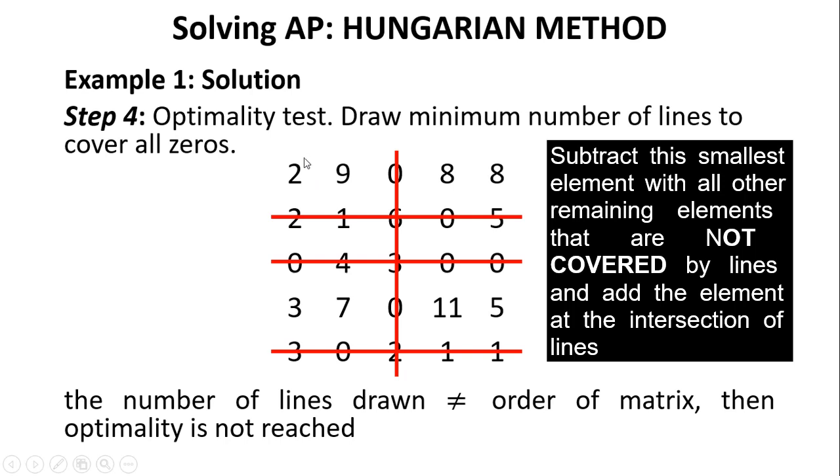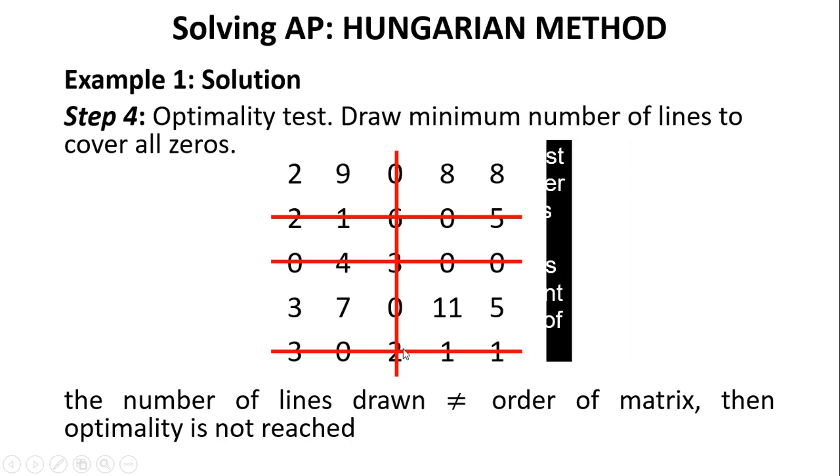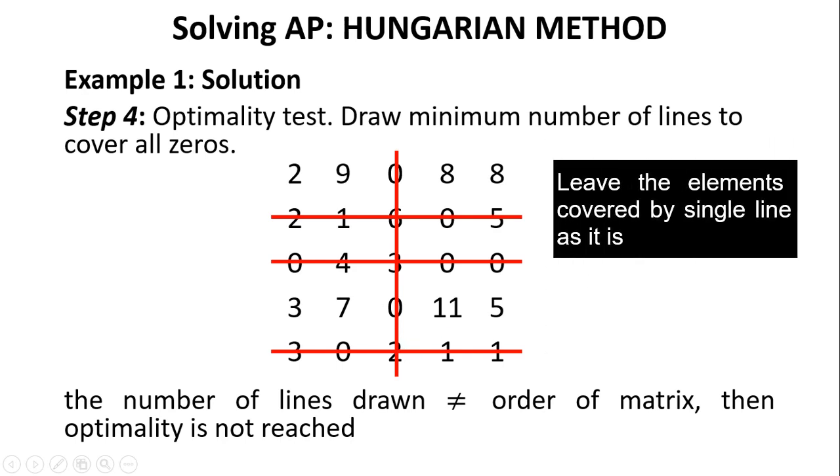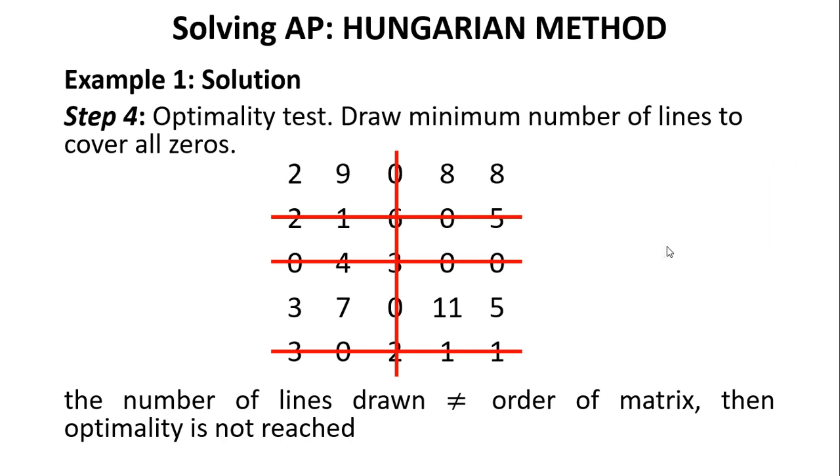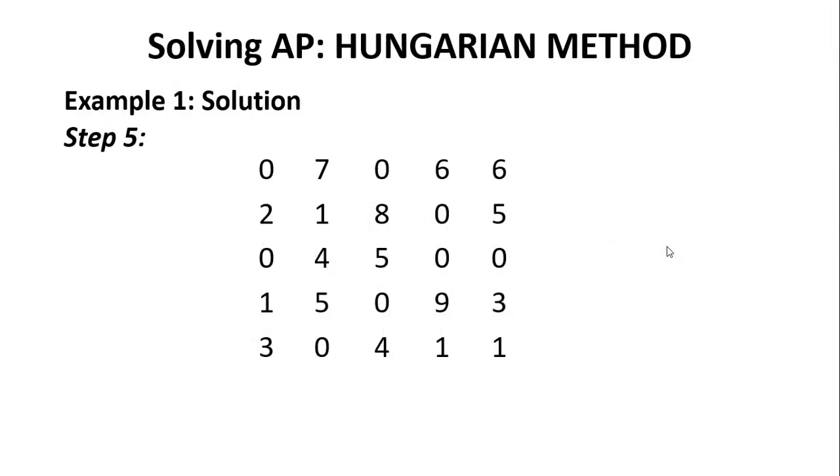So we are going to take this 2 and subtract it from each element which is not covered by a line, and add it to these intersection elements, this one, that is 6, 3, and 2, and leave the other elements which are just crossed once as they are. In doing so, we are going to end up with this matrix.